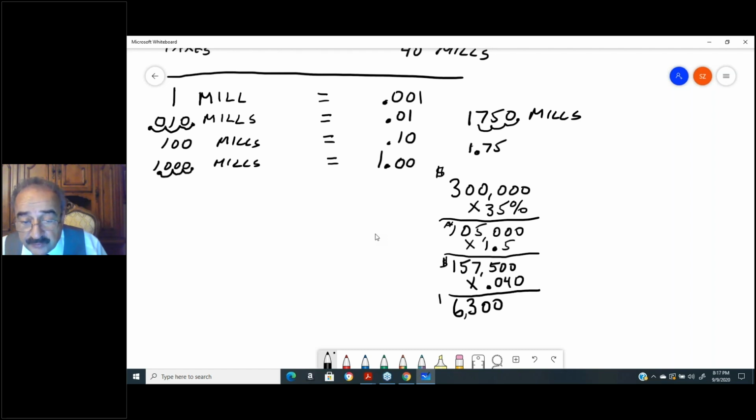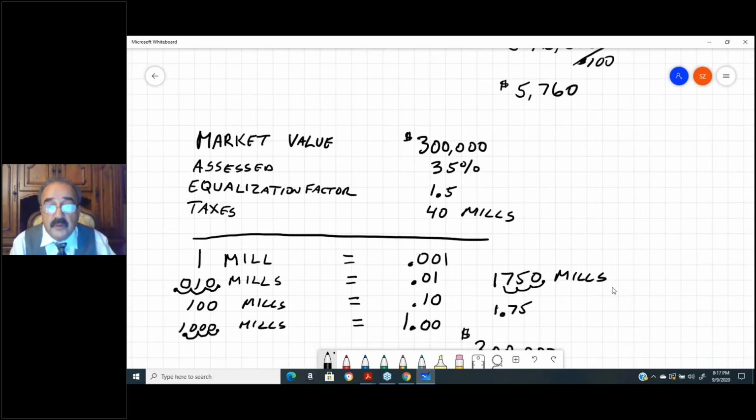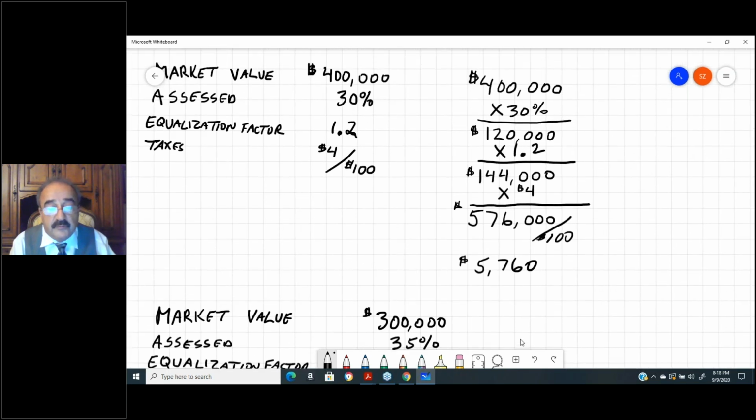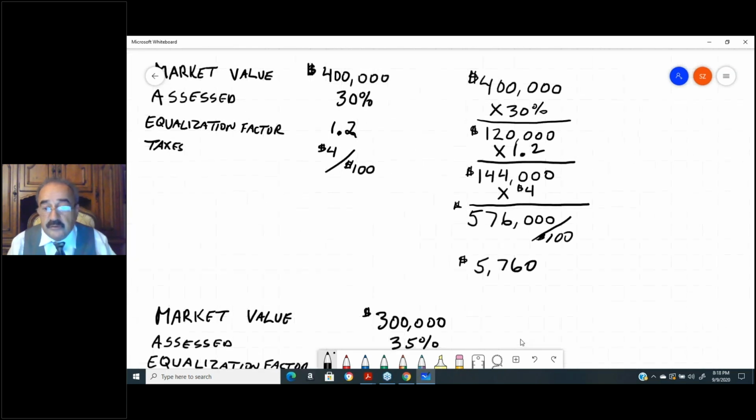Now you will see both these problems I gave you. This first problem I gave you, I'm going to leave them up here. On the first problem, we multiplied here, multiplied here, and then divided by 100 here.